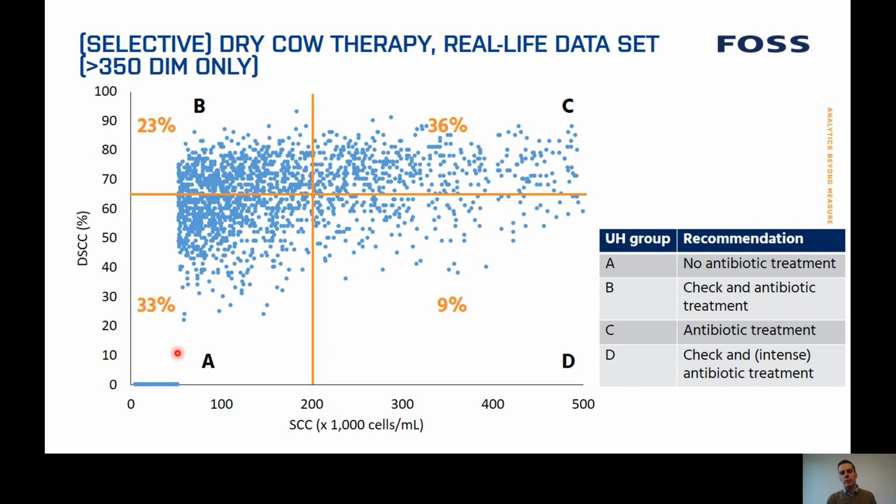And in terms of cows in group C and D, antibiotic treatment would certainly be recommended. But in general, we see this udder health group concept as a tool to help reduce the consumption of antibiotics on dairy farms, in particular in terms of dry cow therapy, and use this as a tool where farmers feel more confident to save antibiotic treatment on cows.